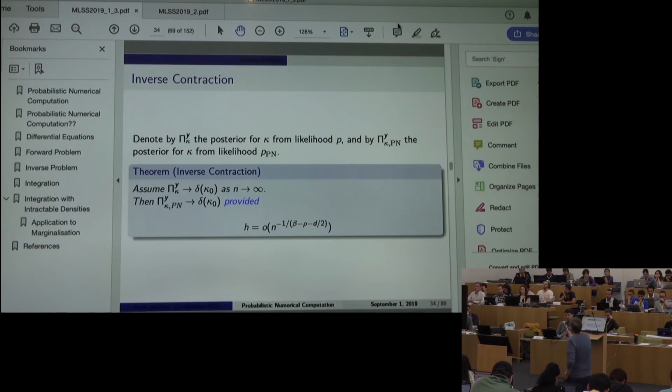in the case where h, if you remember, is the mesh size, or the level of discretization in the domain, decreases at a rate which is given by, well, clearly it's going to be dependent on n, the number of data observations, so the dimension of the vector y, and that's going to be raised to the power of minus 1 over, so again, if you remember, rho would be the order of the PDE, so in this case it's of second order.